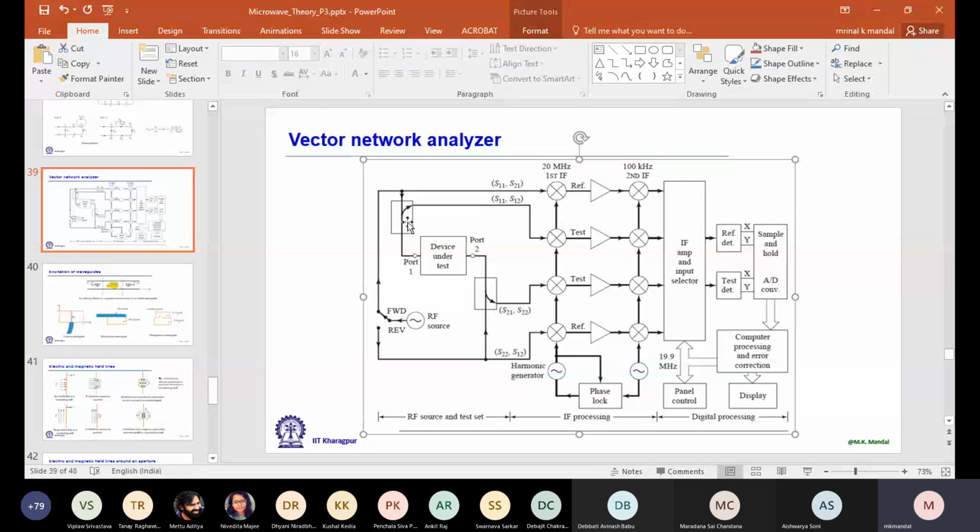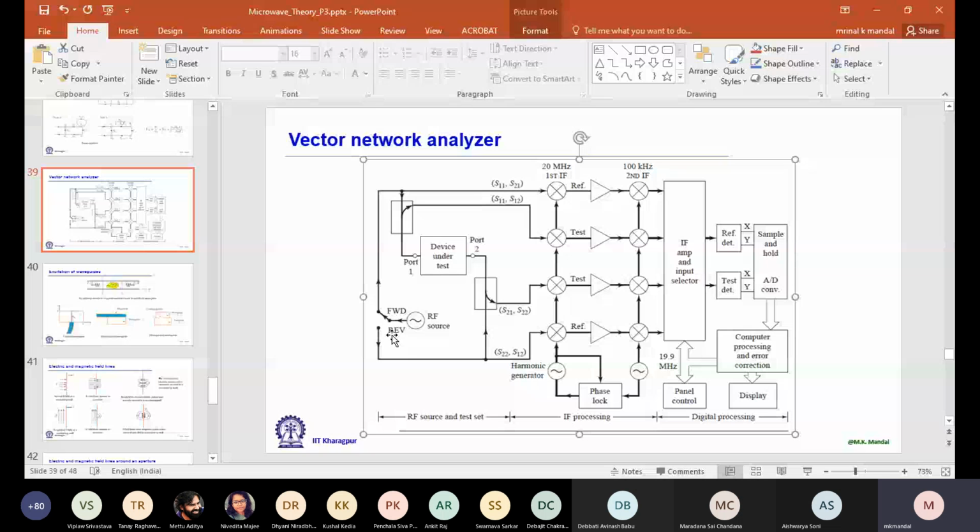We'll learn later what a directional coupler is. It directs power into two different branches with different ratios. One of them is connected to the RF source. The RF source is switchable, so we can direct power from port 1 to port 2, and also in the reverse direction by switching from port 2 to port 1.